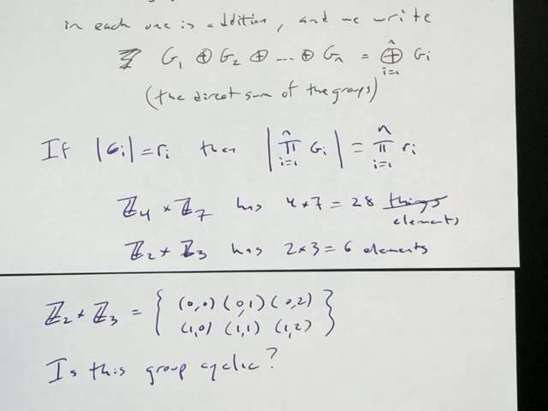But if you go in the second element in the pair, you go 0, 1, 2, 0, 1, 2. But 0 and 1 are not part of this group. Every element of this group is an ordered pair. So if you're going to work with elements of this group, you need to work with an ordered pair. That's the hard part.